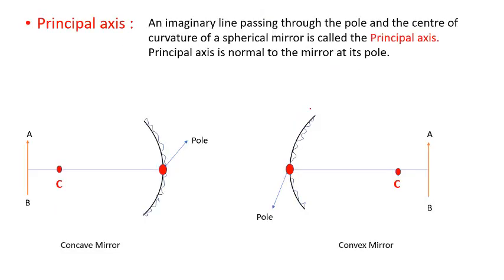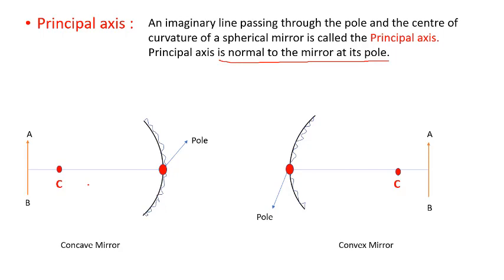Now what is principal axis? An imaginary line passing through the pole and the center of curvature of a spherical mirror is called the principal axis. The principal axis is normal to the mirror at its pole. Now, you have seen this blue line in concave and convex mirrors. This is an imaginary line. There is no such line in the sphere.